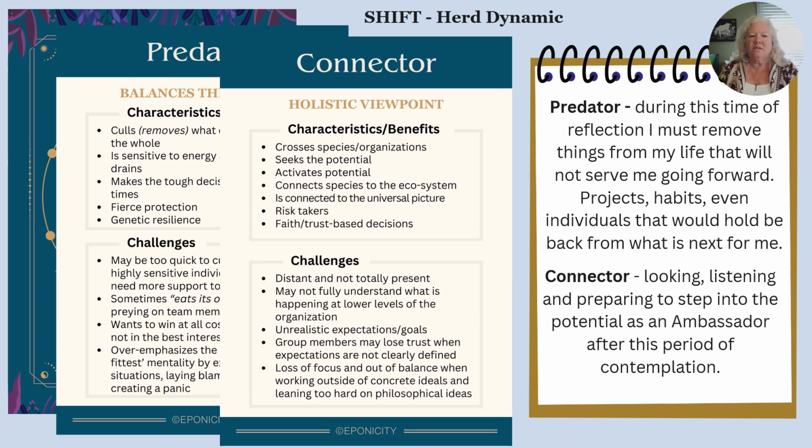So this is the energy that seems to be encompassing of what wants to happen. Looking, listening, and preparing. Each one of these energies also has a challenge. When we're too much into one energy, we might be avoiding another energy. I go over that in depth in the other presentation that talks about the categories of the cards.